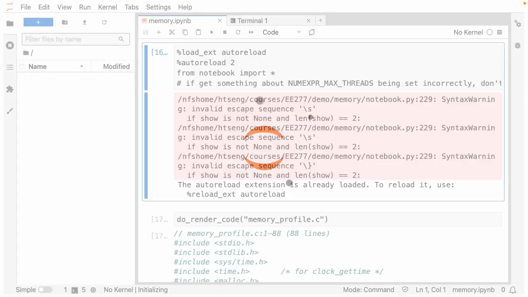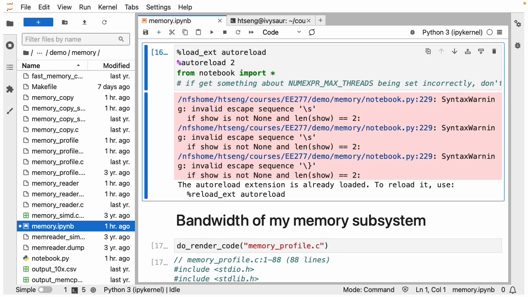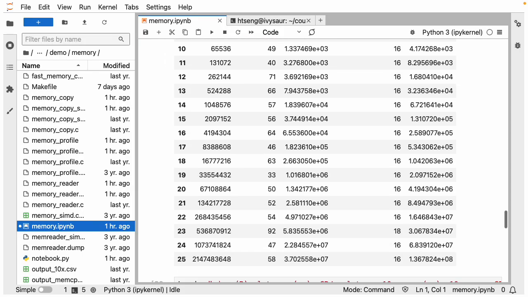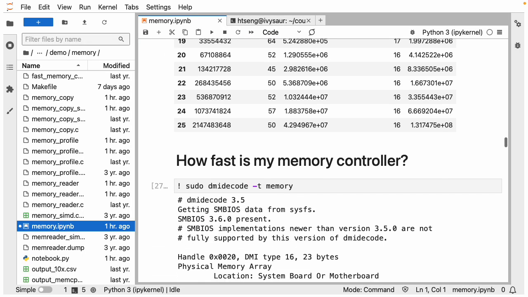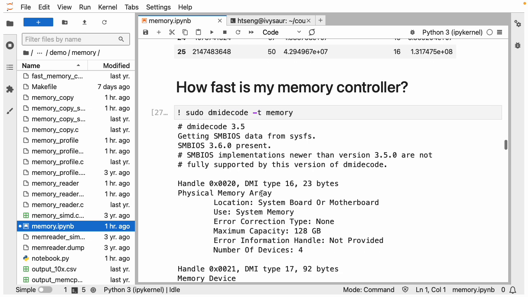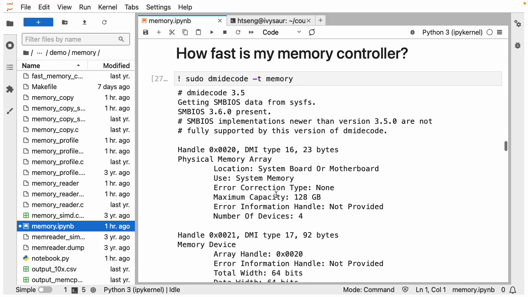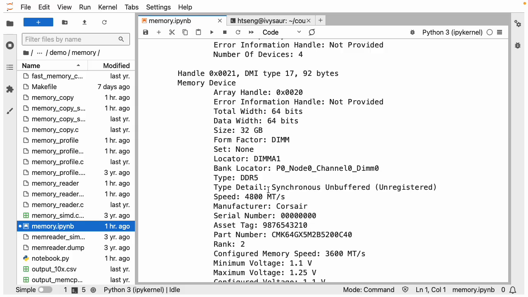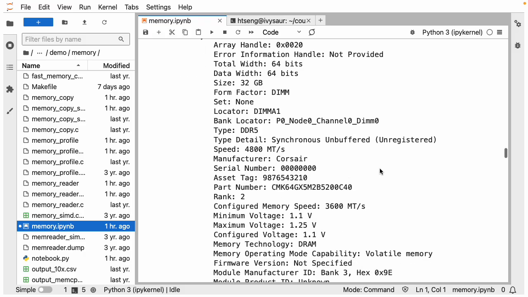And sometimes I want to know if I am maximizing my bandwidth, or how do I know the bandwidth of my system? There's a good command, dmidecode, and you can put -t memory, and it will tell you the total capacity of your system and what each memory module is running. So for example, here I have a memory module which is DDR5, supporting up to 4.8 gigahertz. However, the configured memory speed is 3.6.